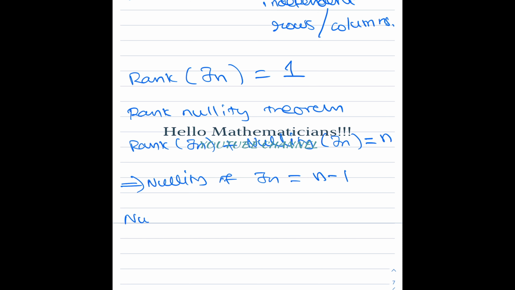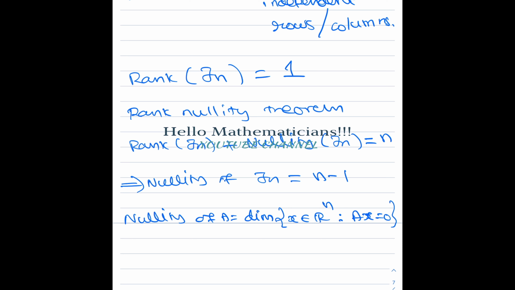What is the nullity of a matrix A? This is the dimension of the set of all x belonging to Rn such that Ax equals 0.